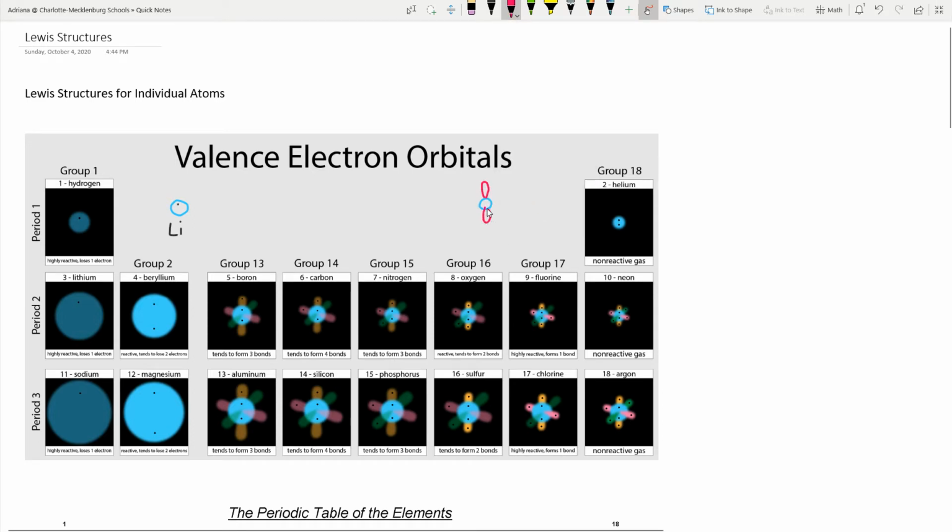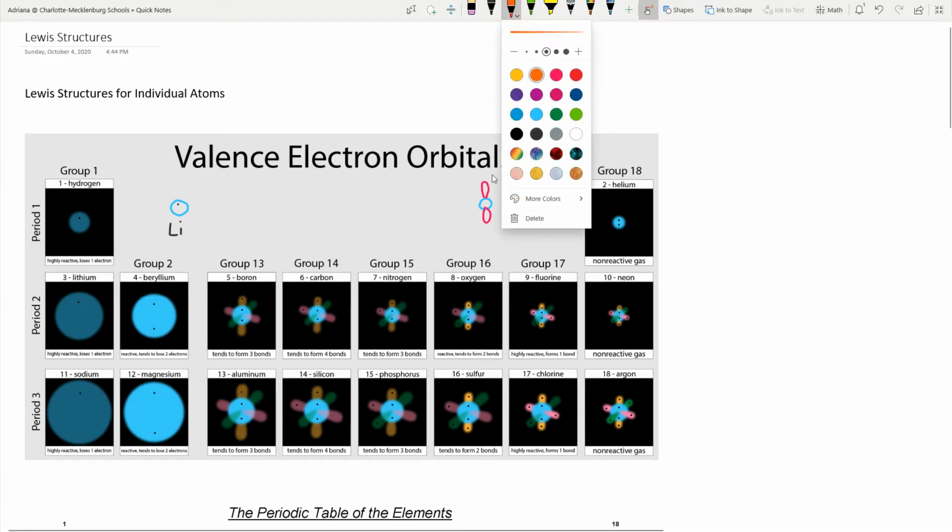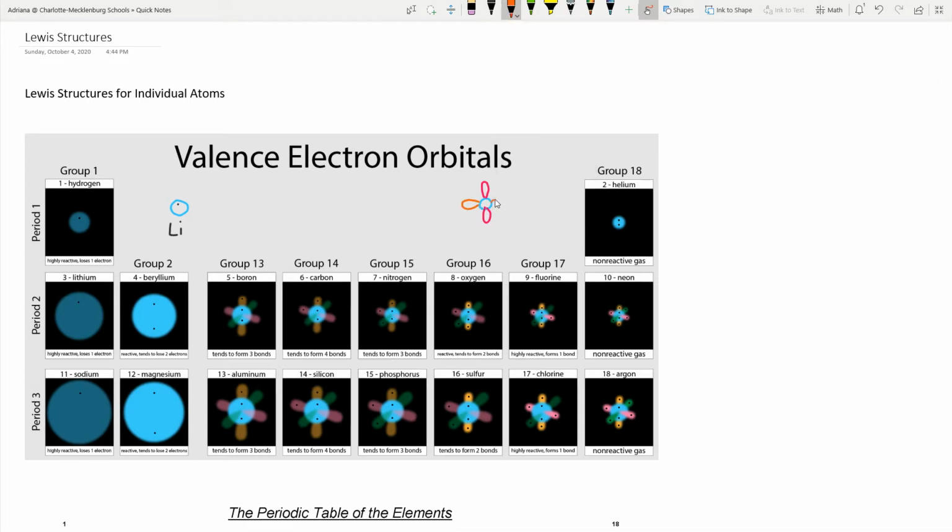And I'm like, okay, well, here's one p orbital, and then here's another p orbital. And then I'm like, hold on, I'm almost there. Just gotta get my third p orbital in there. And then I have to put my electrons in. So there's always two in the s for fluorine, and then there's five more in the p orbitals, which leaves one open space.